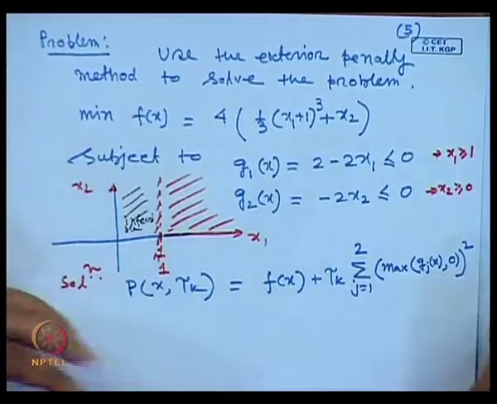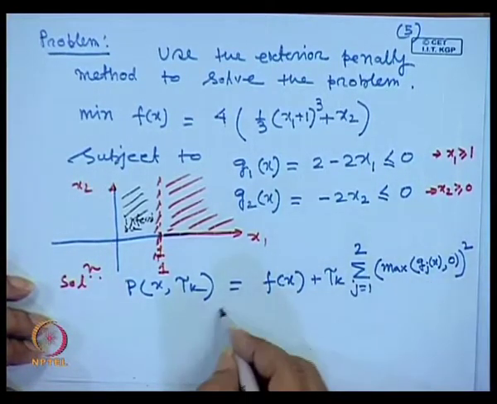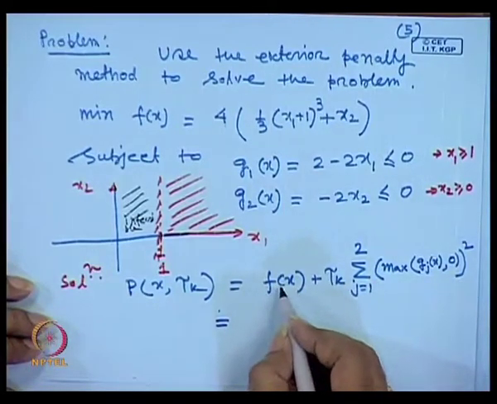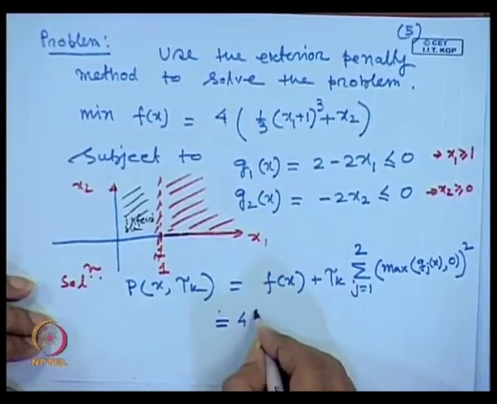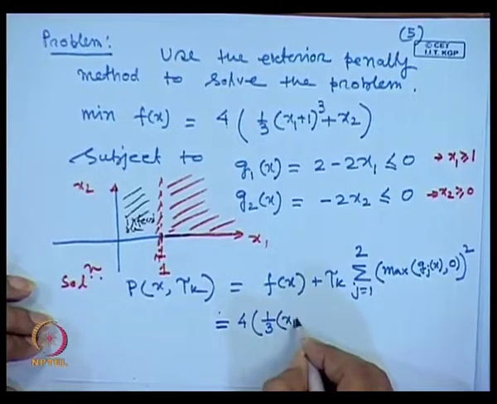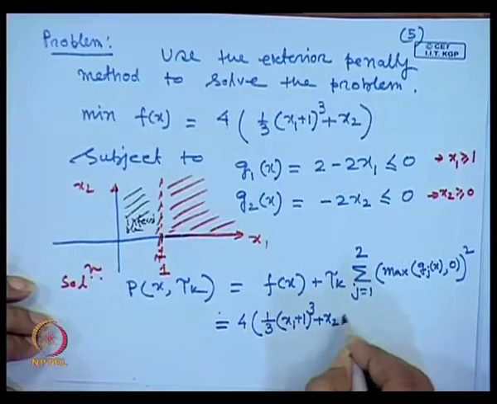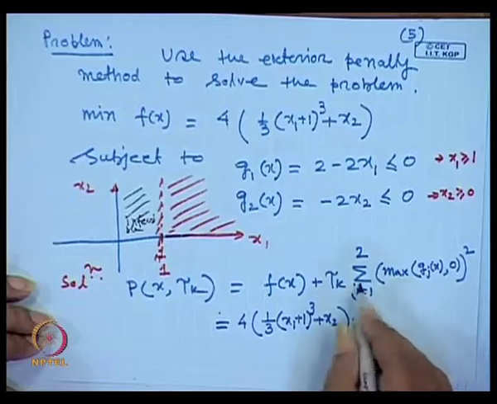If you write it more clearly, what is our f(x)? This is our f(x), 4/3 times (x1 plus 1) whole cube plus x2. Then plus tau_k, what is the first term?